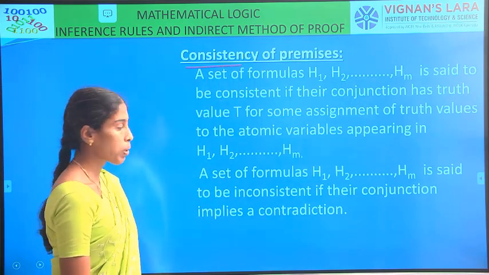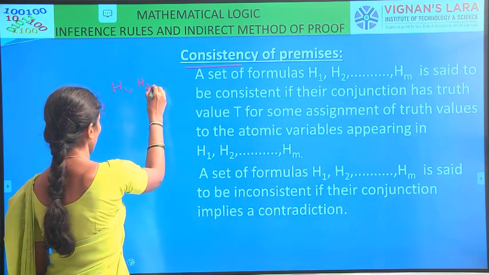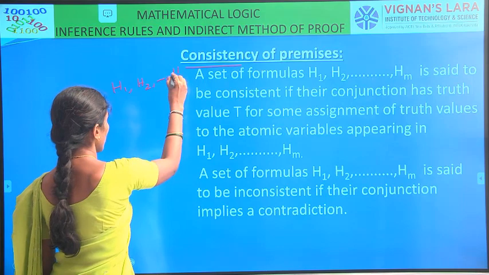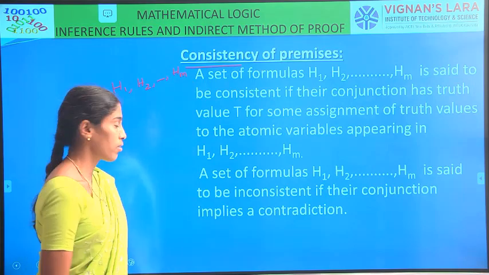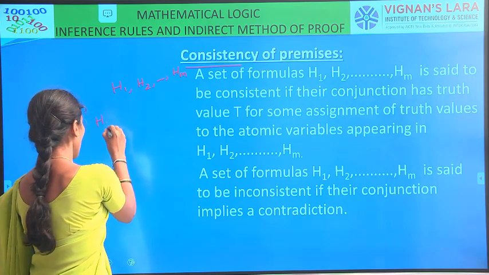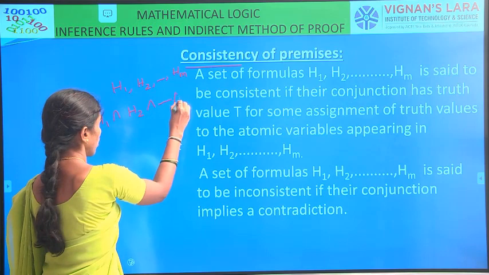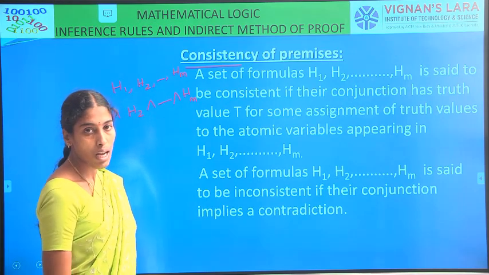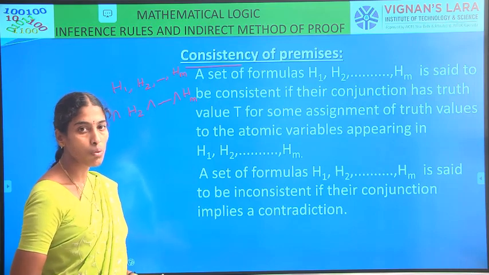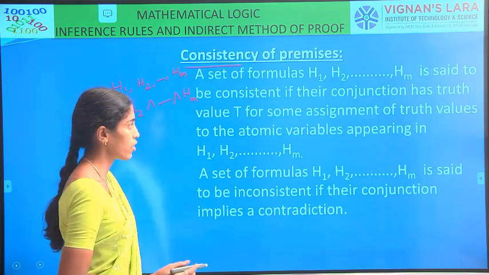So, a set of premises H1, H2 and so on Hm is said to be consistent if H1 and H2 and so on and Hm has a truth value T for all possible truth value combinations of H1, H2, so on Hm.